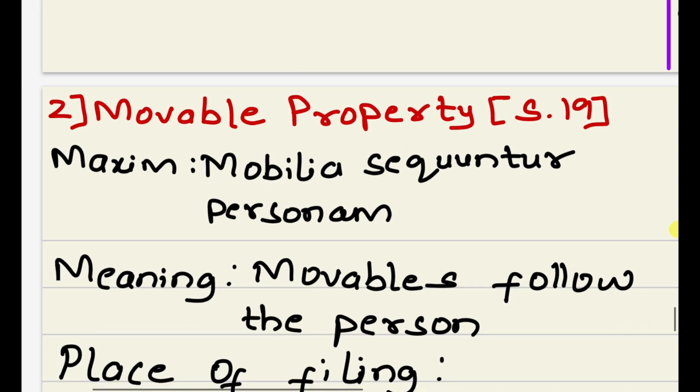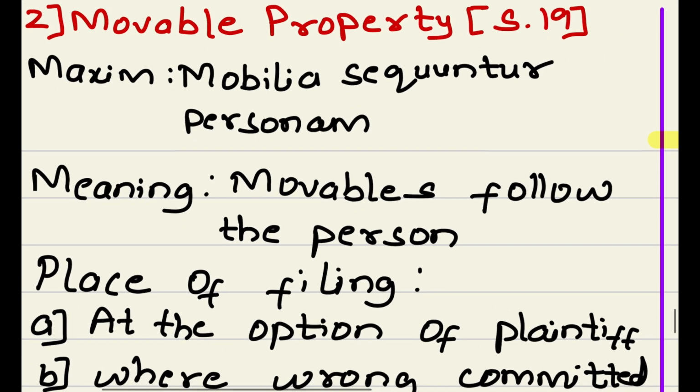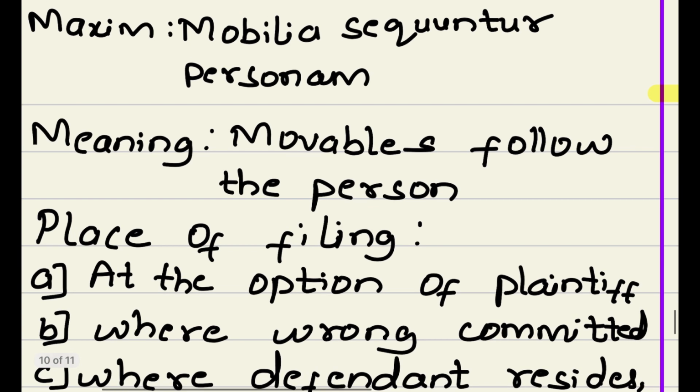The next is movable property. So where is the jurisdiction for movable property? The maxim is mobilia sequuntur personam, meaning movables follow the person. So unlike immovable property, the movables follow the person.